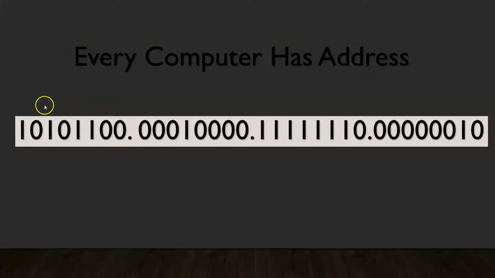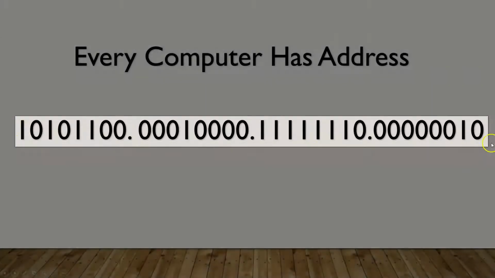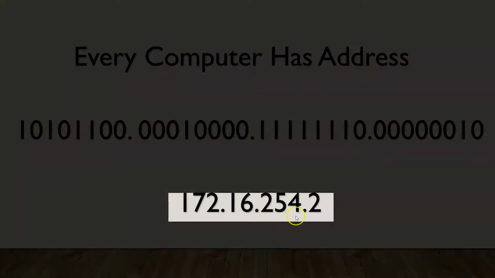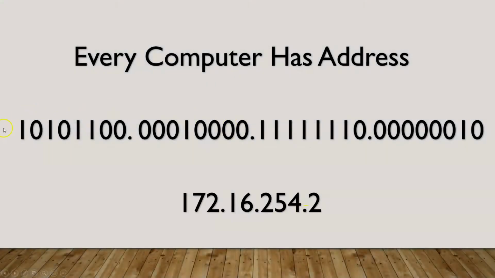If we convert this computer readable format number into a human readable format, which is a byte representation, this gives the IP address of this one, 172.16.254. So computers use this unique identifier over the network, over the internet, to talk to each other.